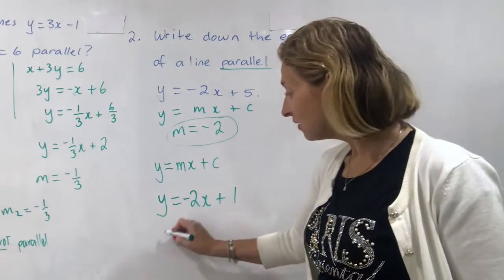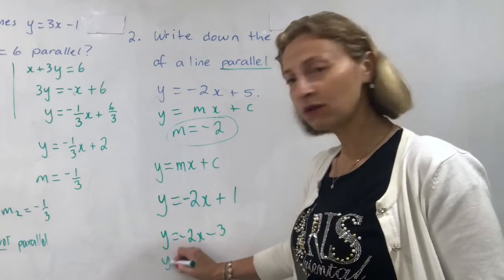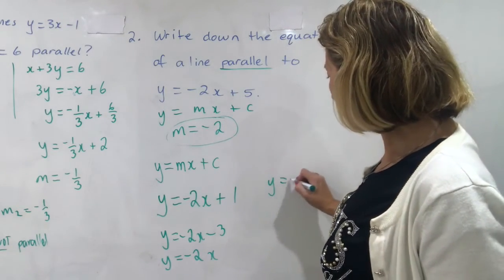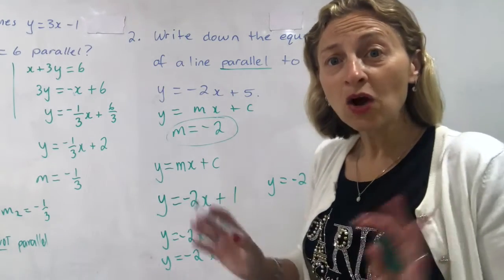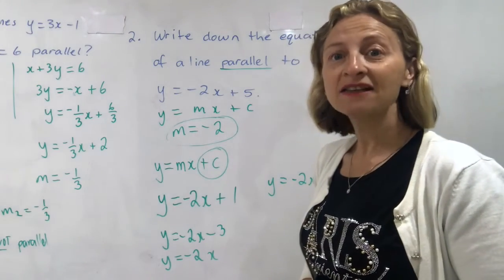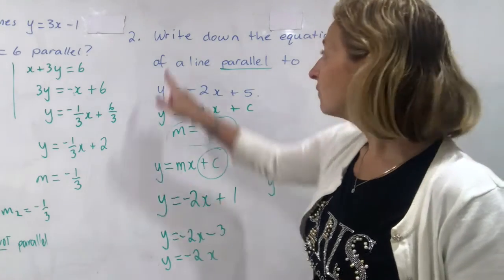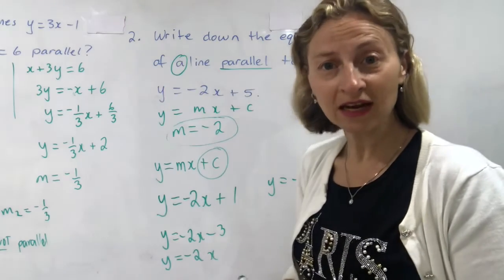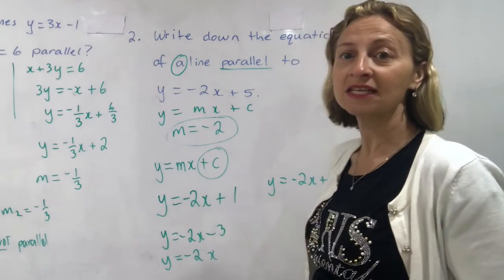You could pick anything you like. y equals minus 2x minus 3. You could have y equals minus 2x plus 4. You can pick whatever constant you like, as long as your gradient is -2. It said write down the equation of a line, not a particular line, any line. So I've got lots of different answers that are possible.